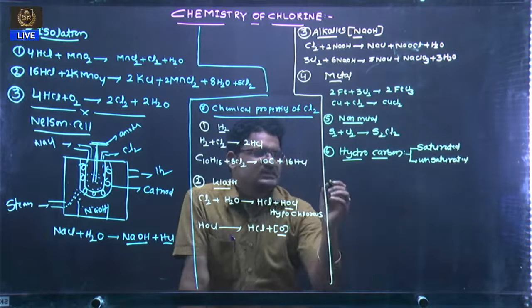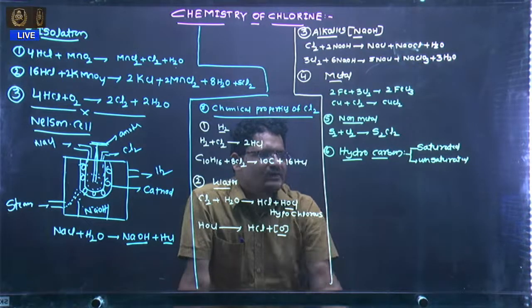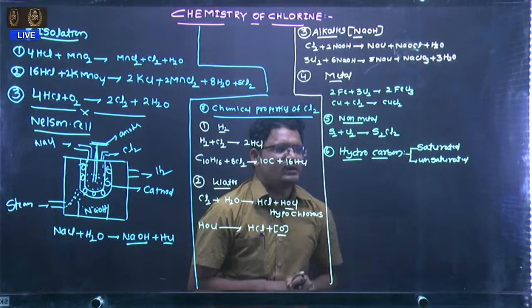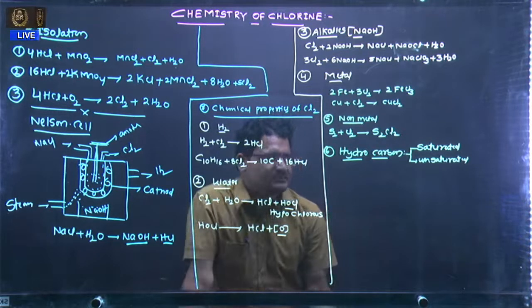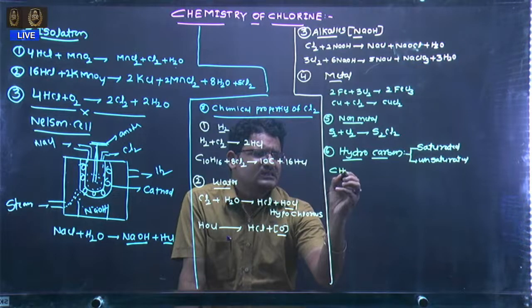Saturated means carbon-carbon single bonds. When there is a carbon-carbon double or triple bond, they are called unsaturated. The best example of saturated is methane.